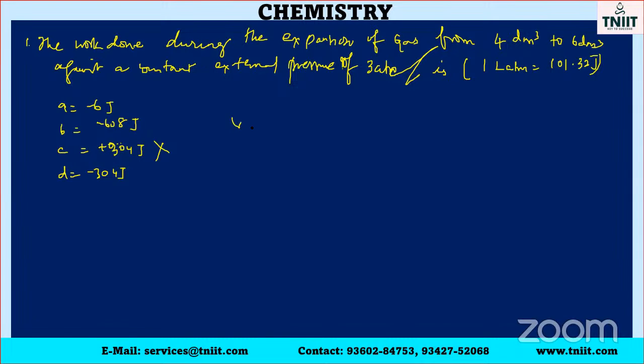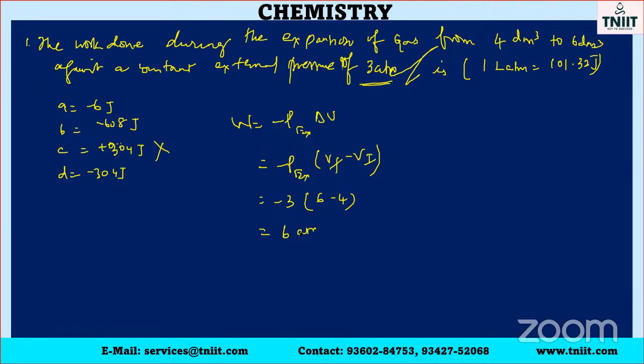Work done is calculated by the formula minus P external into delta V, that is minus P external into final volume minus initial volume. The external pressure is given as 3 atmospheres, so it is minus 3. Final volume is 6 and initial volume is 4, so it is 6 minus 4. So it will be minus 6 liter atmosphere.